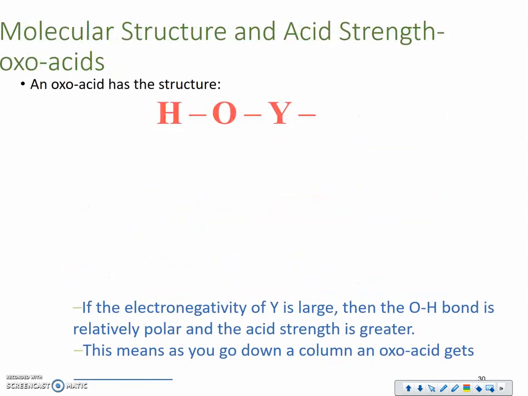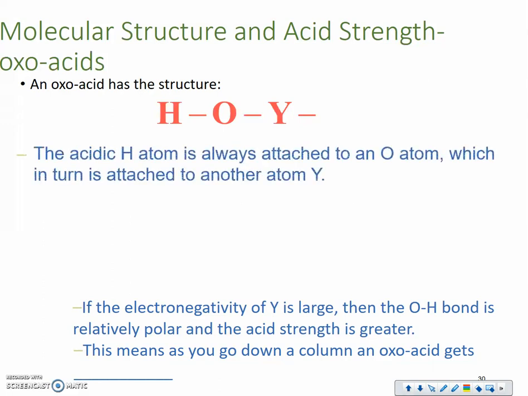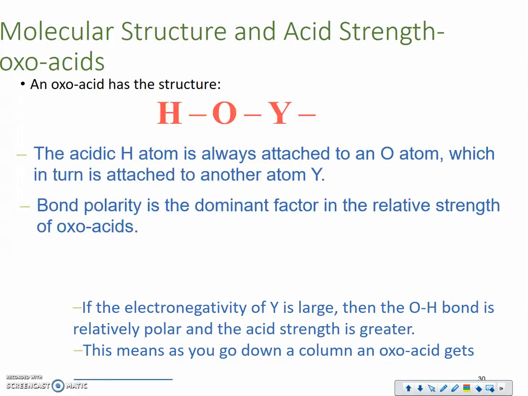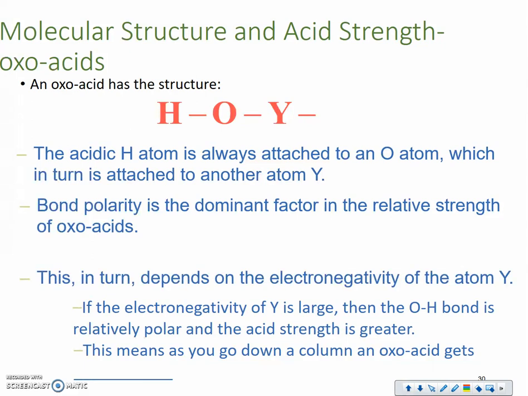If you have an oxyacid, so an oxyacid has this structure, H with an O and then attached to some atom Y. Bond polarity is the dominant factor that we look at in terms of their strength. And that's determined by the electronegativity of whatever Y is. So if the electronegativity is large, then the OH bond is more polar, which means it's going to be easier to remove hydrogen, which means it's going to be a stronger acid.